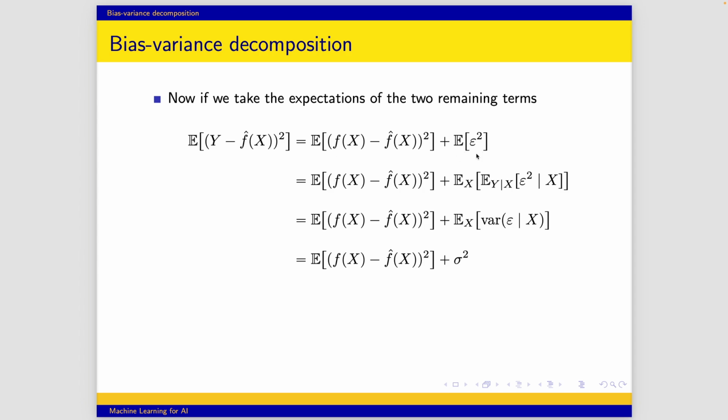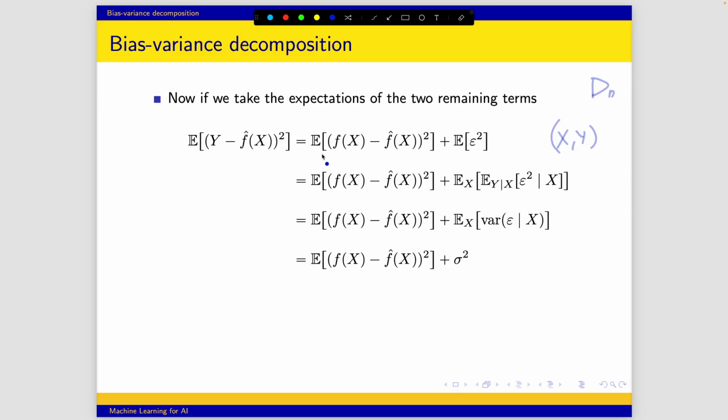Now, leave this alone. Let's focus on this term here. This is the expected value over x, because this doesn't depend on the training sample. Epsilon depends only on the random pair xy. It's independent of the training sample.